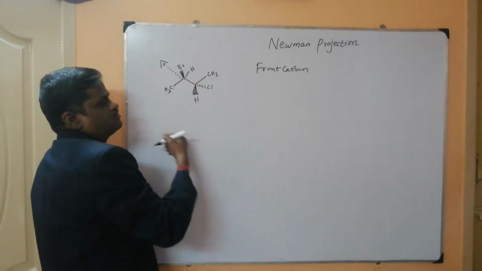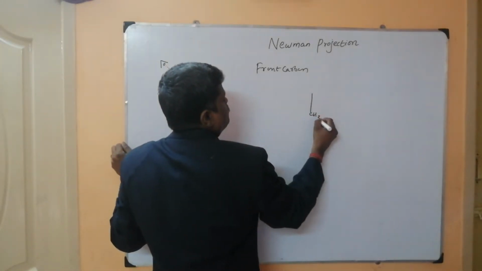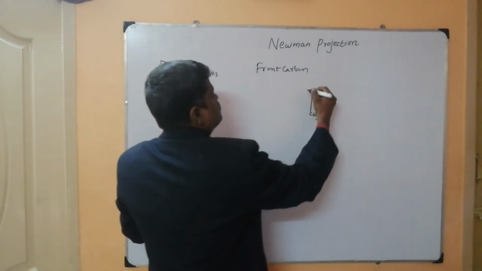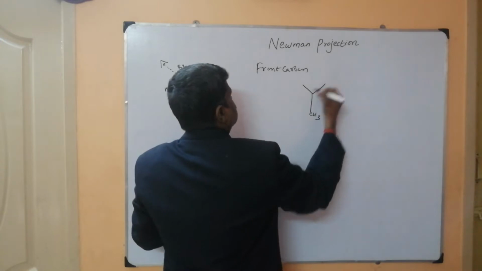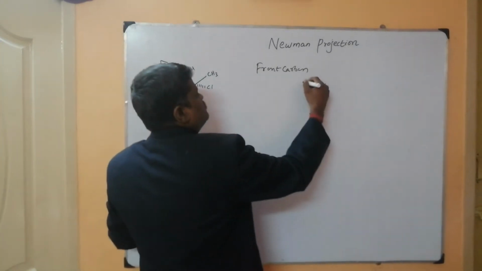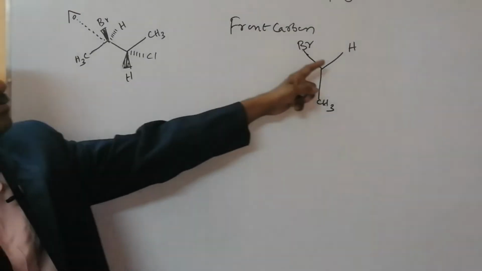So here it is methyl, and these two groups are going like a V shape, or you can call it a Y. Now I put the bromine on the left and this hydrogen on the right. Now I have assigned the front carbon.